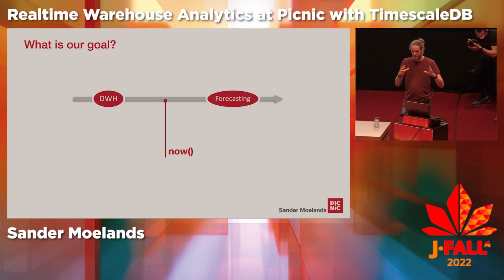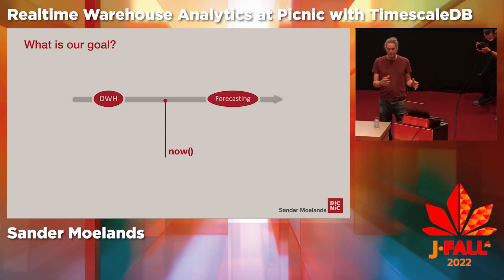But what's now our goal? So we have this data to look in the past, and we have data to look forward. But we are still lacking a bit on data that we actually need now. And more specifically, data that we need now in our complete supply chain.